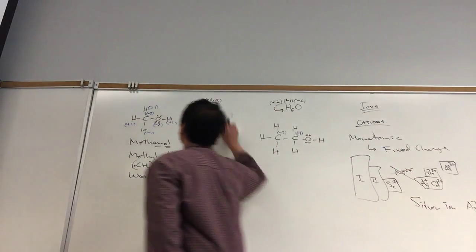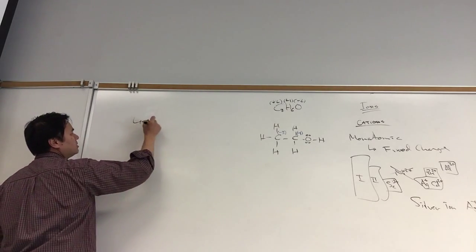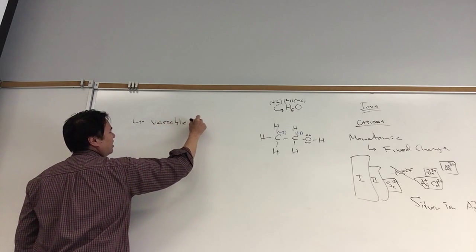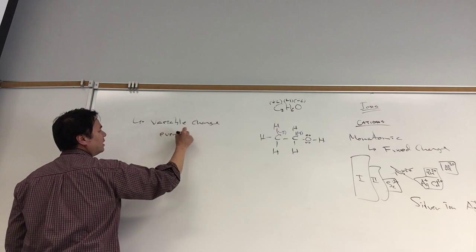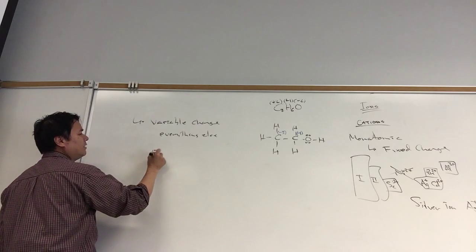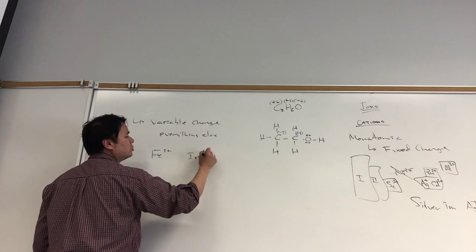You should know that. Now, there are going to be monatomic variable charge. So let's take a look at the variable charge. Variable charge is pretty much everything else, right, for the cations. And so if we have Fe2+, then we call this iron Roman numeral 2, right?